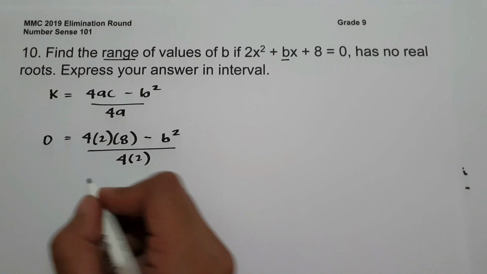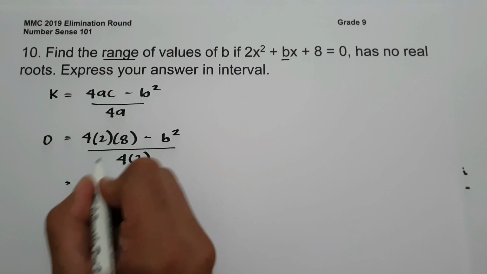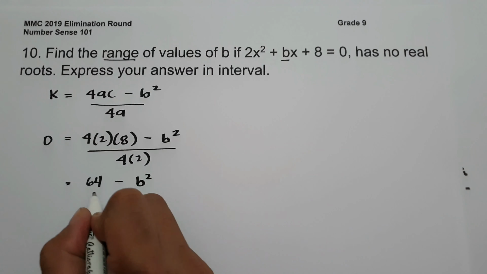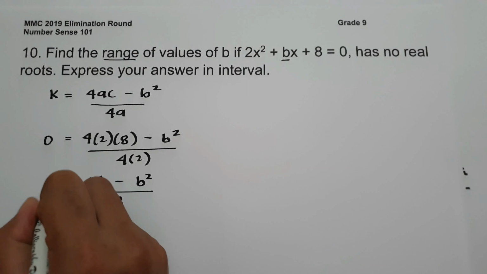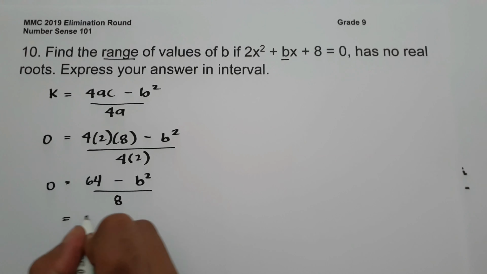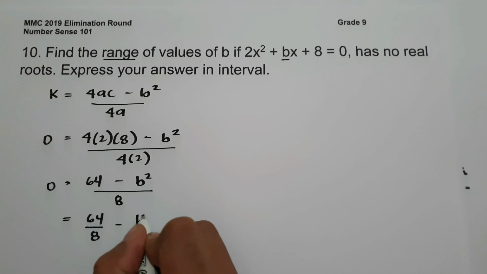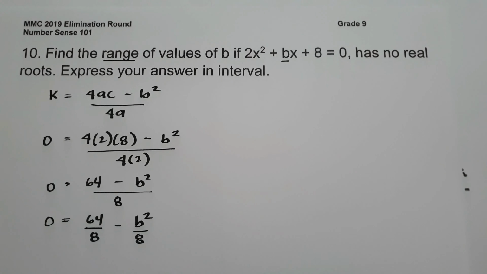To simplify, let us have 4 times 2 times 8, that is 64, minus b squared over 4 times 2, that is 8, equals 0. And then let us have 64 divided by 8 minus b squared divided by 8 equals 0.